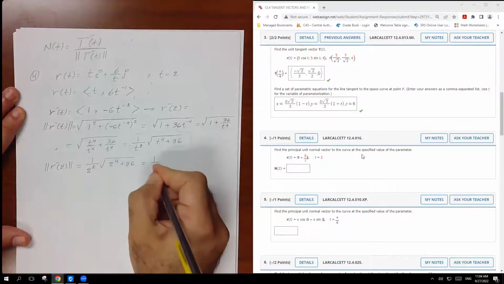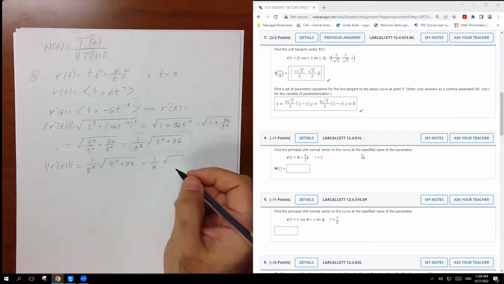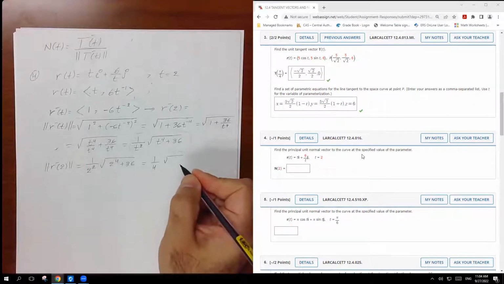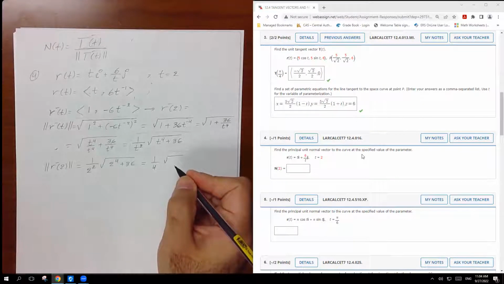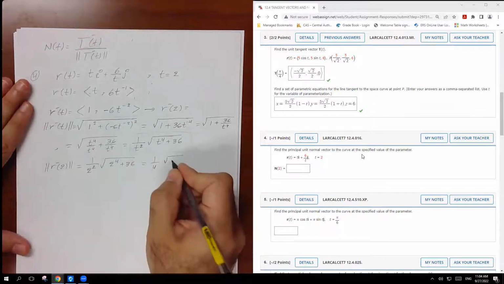It's 1 over 4 times the square root of 16 plus 36, which is the square root of 52. I'll just leave it as 52.